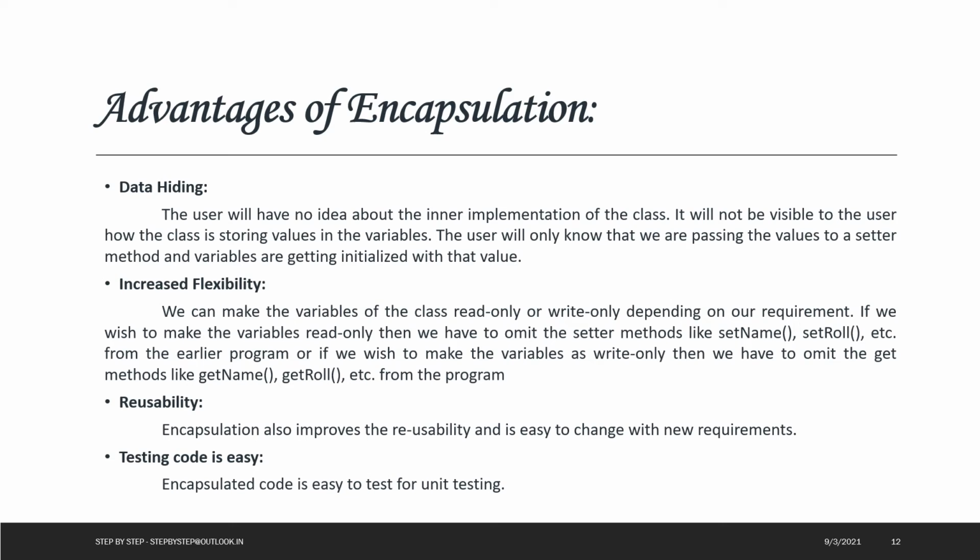If you want the user to only read the existing values and not assign new values, you can simply remove the setter methods so that the user won't be able to change the values for name and role from the earlier program. Or if you wish to make the variables write only, so that you can write the data but cannot read it again, then you can simply omit the get name and get role methods from the program.